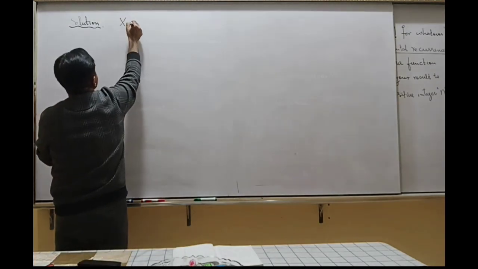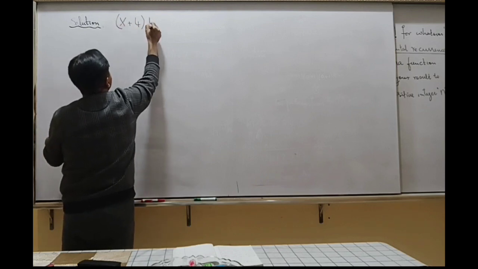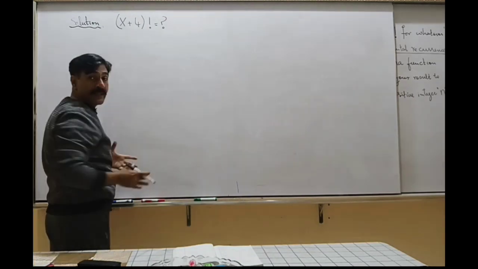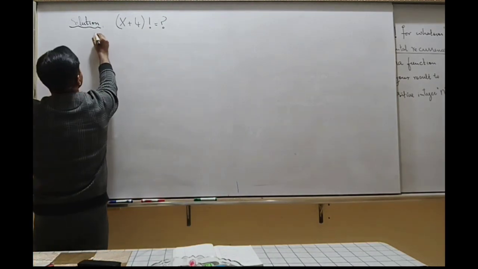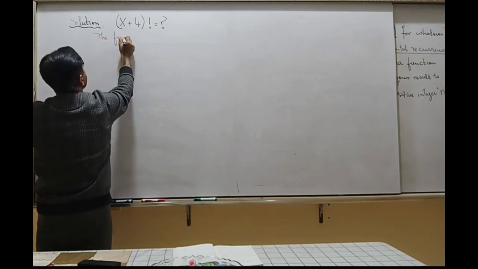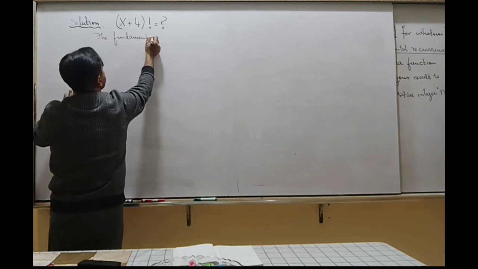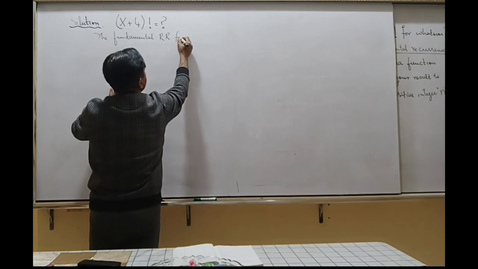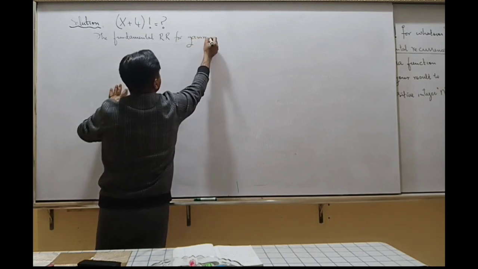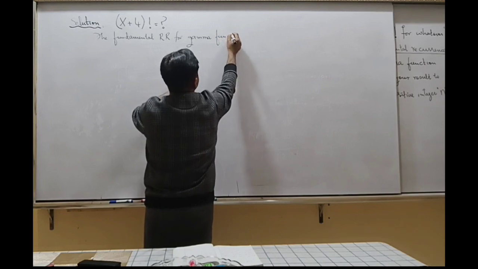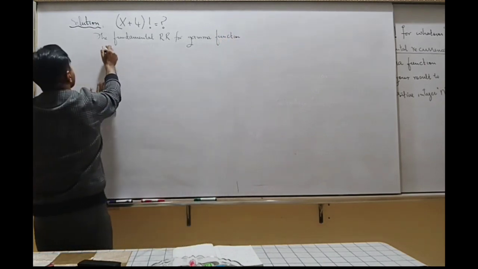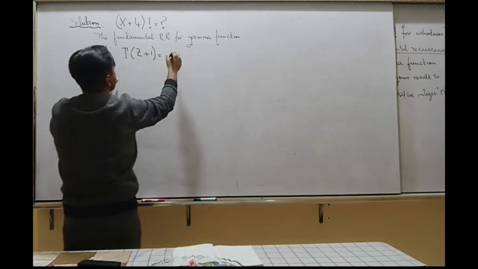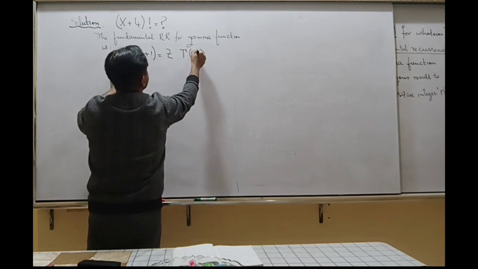In the first part, we need to evaluate x plus 4 factorial, and for this, we need to use the fundamental recurrence relation. Let's write it. The fundamental recurrence relation, RR for recurrence relation, for gamma function is gamma of z plus 1 is equal to z gamma z.